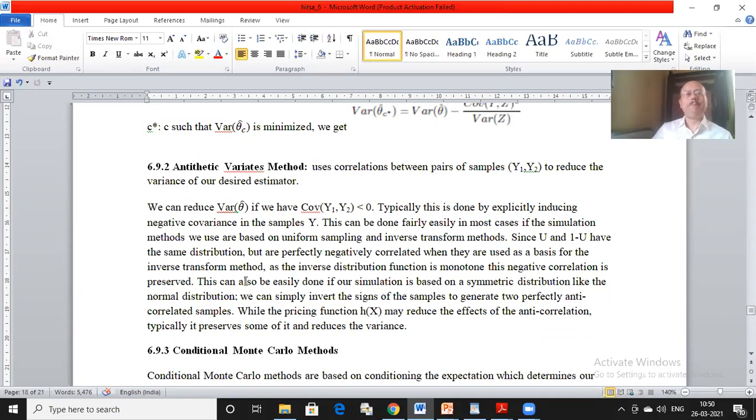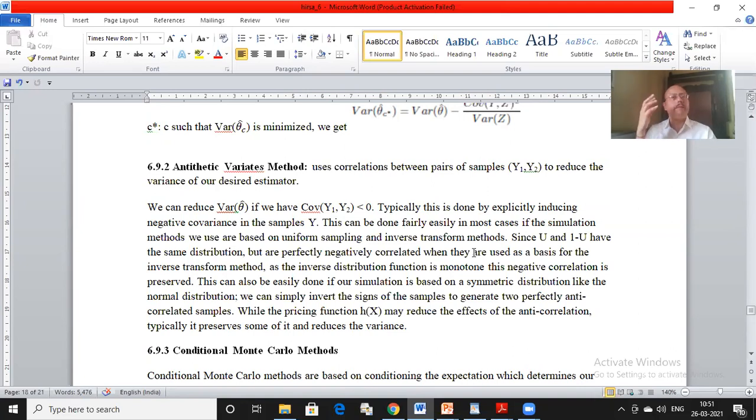Now, suppose I draw U from uniform 0, 1. Then I know that U and 1 minus U have the same distribution and they are perfectly negatively correlated. So it's a pair which is perfectly negatively correlated. They come from the same distribution. And now I use them as the basis for my inverse transform method.